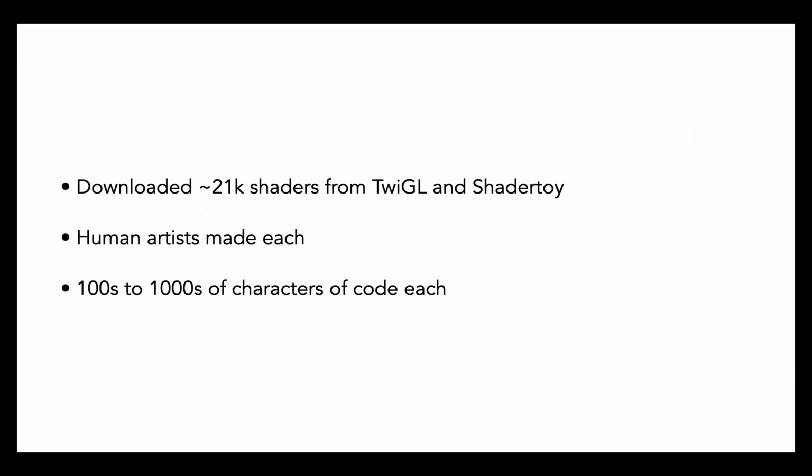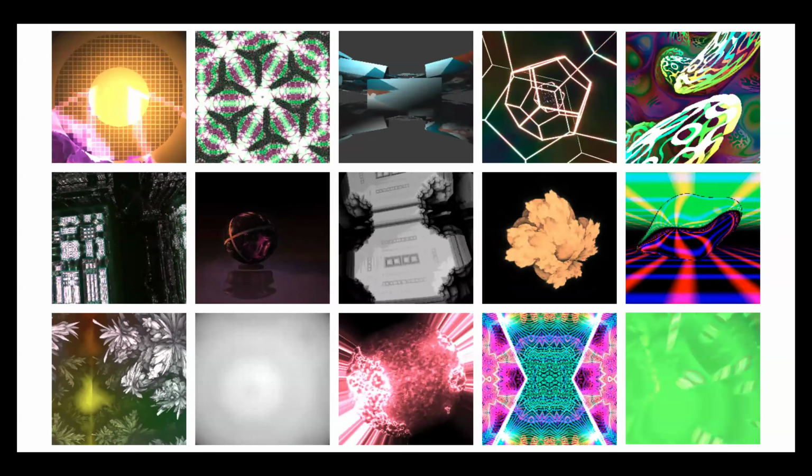We collected 21,000 programs of that kind, all made by humans online. So there is data coming in through the human artist, but it's not visual data as pixels or photos. Each of the programs is only a few hundred or thousands of characters, so very short programs. They look like this.